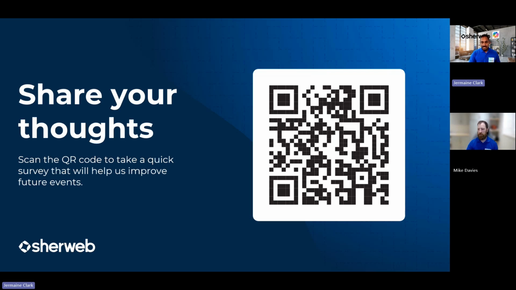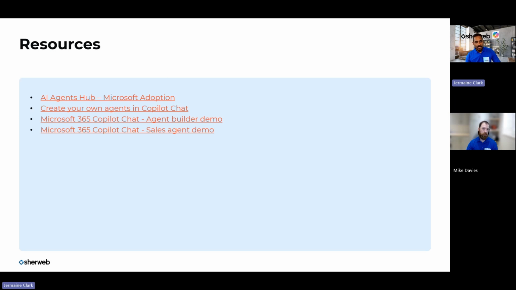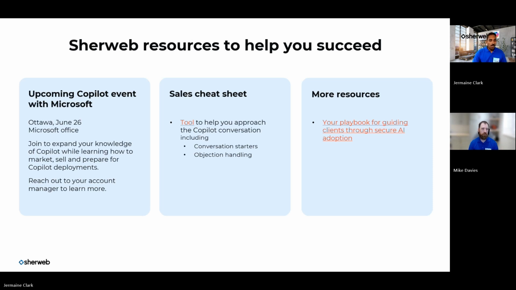With that, we do provide some resources which we will send through with the deck in our follow-up email. We've got a few resources from Sherweb that exist today on looking at your AI adoption, a sales cheat sheet, and other information. We've got an upcoming Copilot event. If you haven't been to one of our master classes, you really should try to get to one of those because we do all of this over the course of a day.